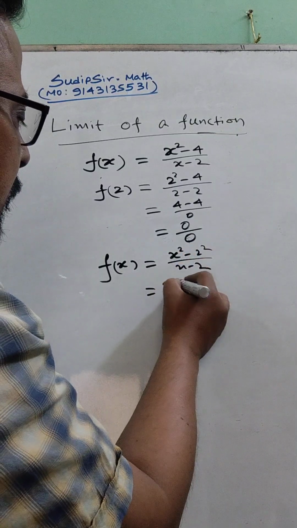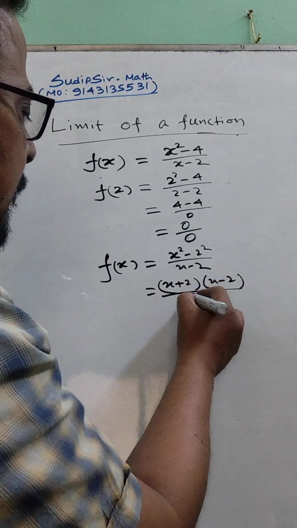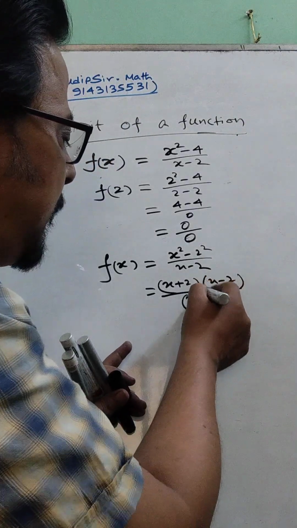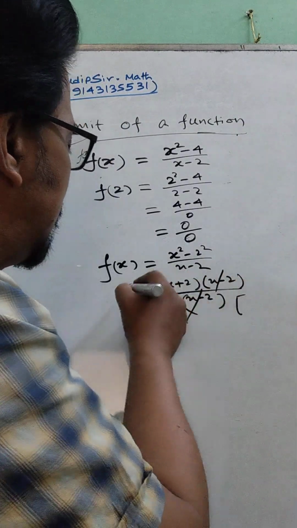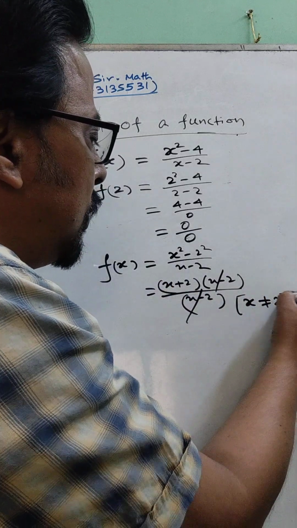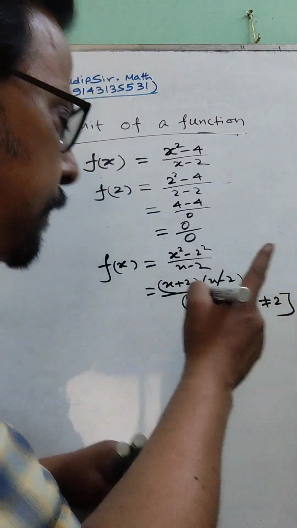Now this will be (x plus 2) into (x minus 2) by (x minus 2). Now we can remove this factor, and the condition is x not equal to 2. If not equal to 2, it will not be 0.